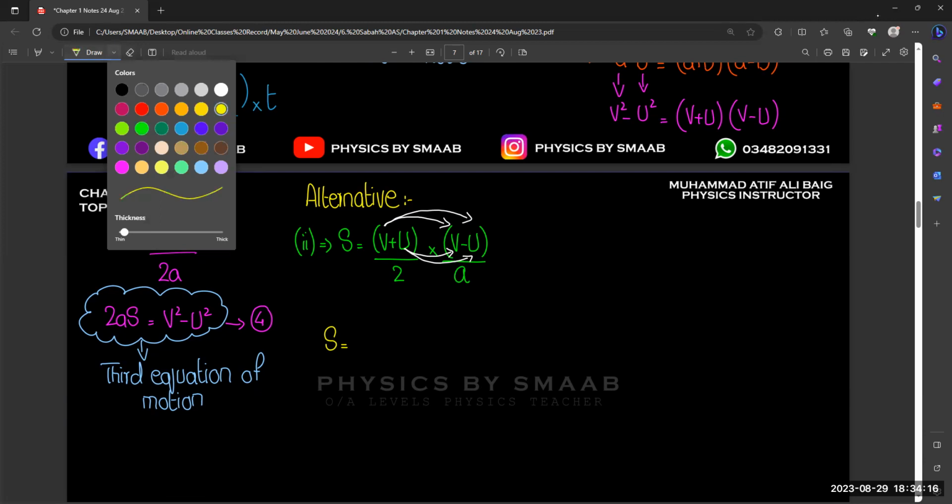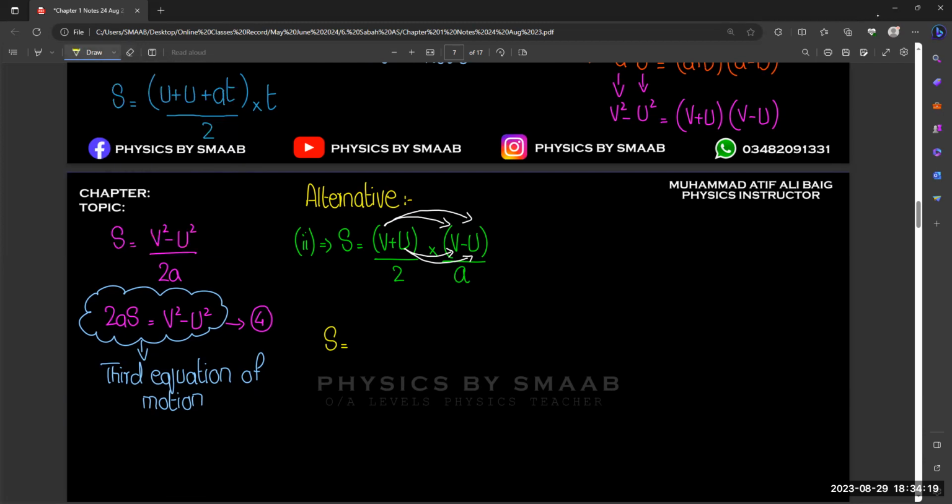And now if we multiply the quantities, first we multiply v with v. So v into v is equals to v square. Then we are having a minus sign. v multiplied by u will be equals to vu. Then we need to multiply this u with v, right? And finally, we need to multiply u with u. So minus into minus gives plus u square.